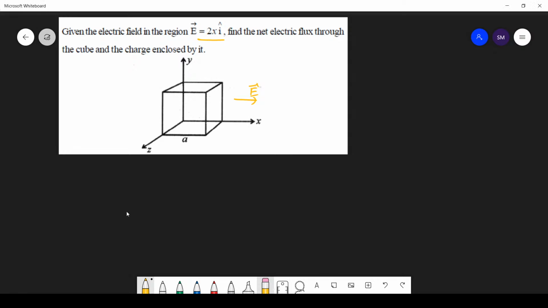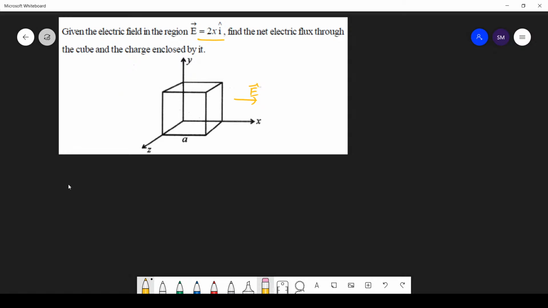So students, here you have the variable non-uniform field, and you have to find the net flux through the cube and also tell the charge enclosed in it.